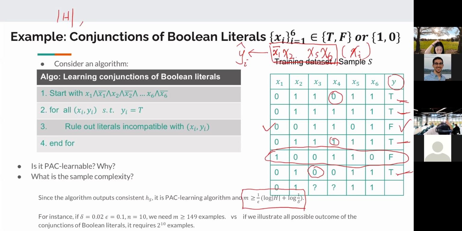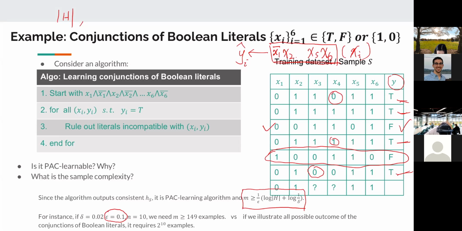So for instance, if you let your delta be 0.02, so you want 98 percent confidence that your generalization error calculation is correct, then you set your generalization error precision to be 0.1. So you allow 0.1 error.